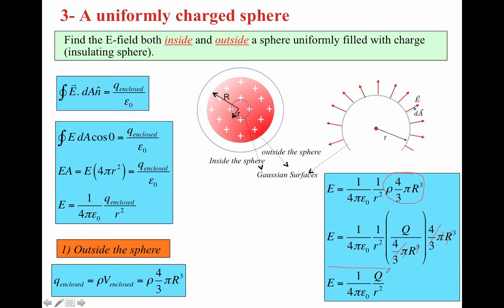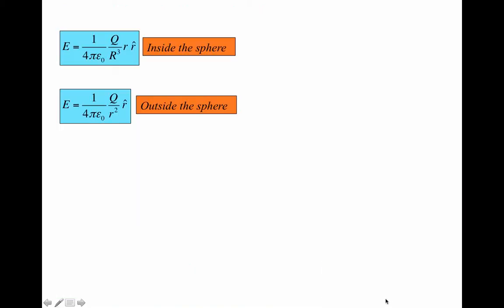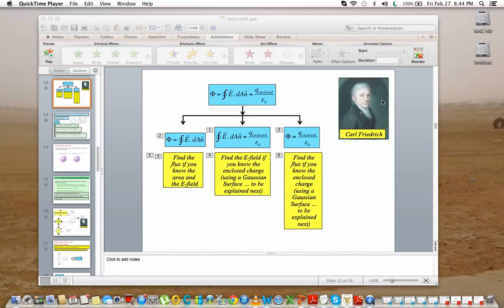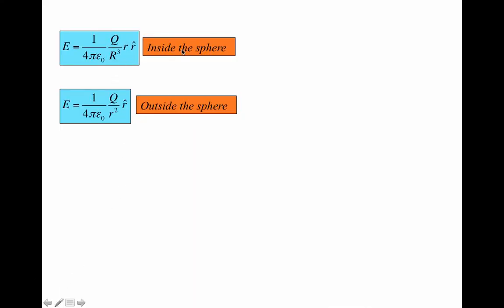It is different than the electric field when we calculate it inside. Let's compare the two. If you're inside the sphere, then the electric field is a function of r: E is proportional to r, linear with respect to r.